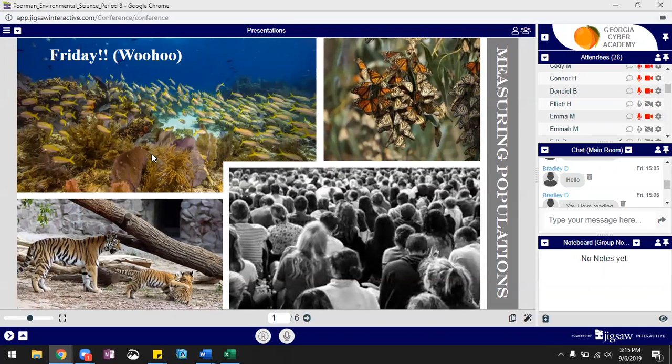We also learned a little bit about random distribution, where you have organisms that move throughout a landscape and they don't really have a set territory. For instance, spiders, when they hatch from their egg sac, they put out a bit of spider silk and they get blown by the wind, and wherever they land, they typically create their own nest.